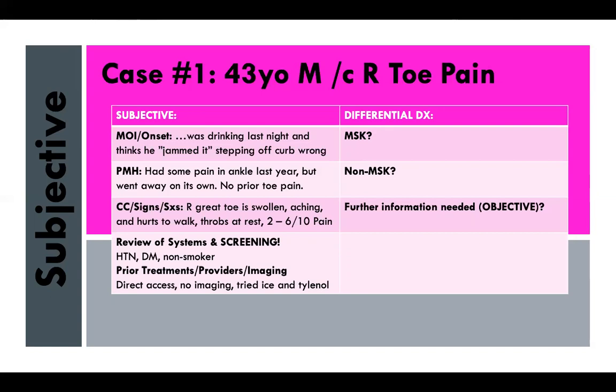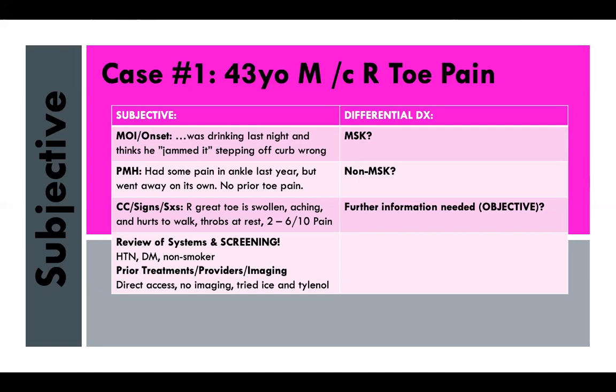It was really late. As you start asking him about his prior medical history, he did have some pain in his ankle last year, but it kind of went away on its own. And he's never really had this toe pain before. His main complaint as he comes in is his toe is just completely swollen.